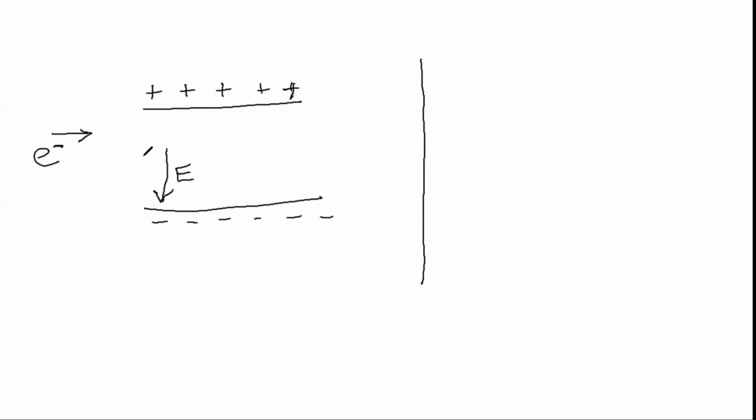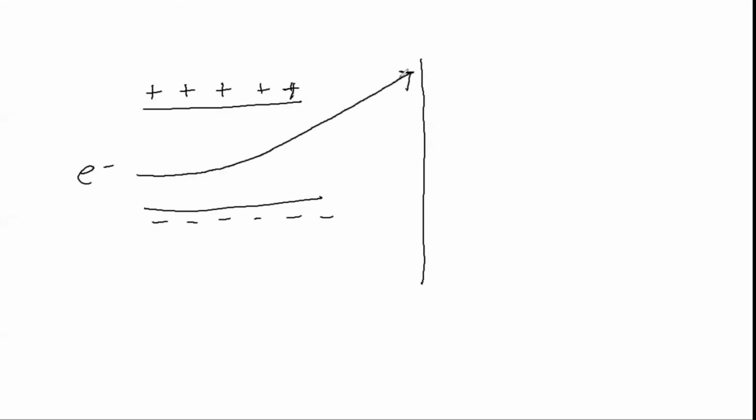Let me just draw it a little bit properly. You have the electron moving in this region, and as it is moving, it will have a path such as this one.